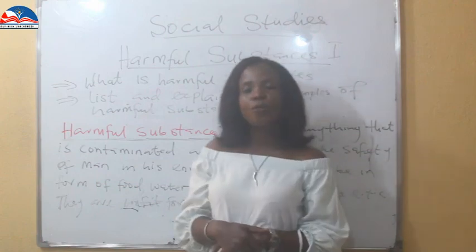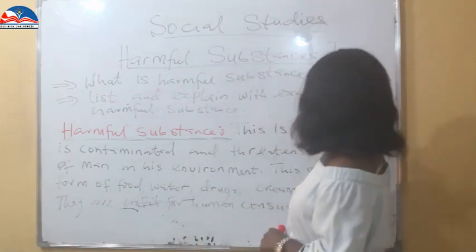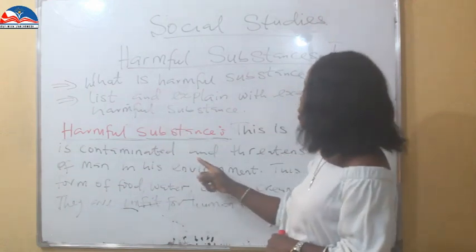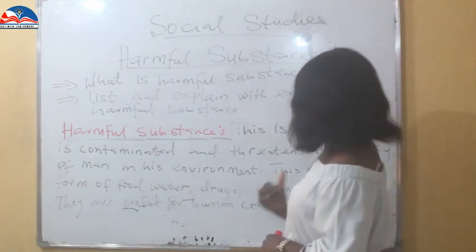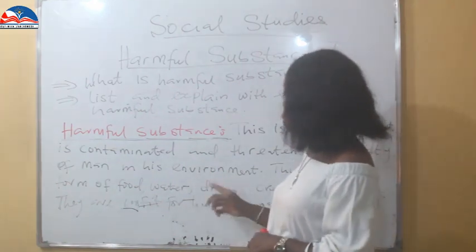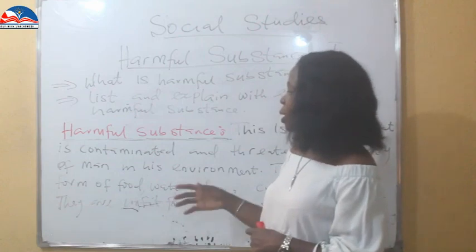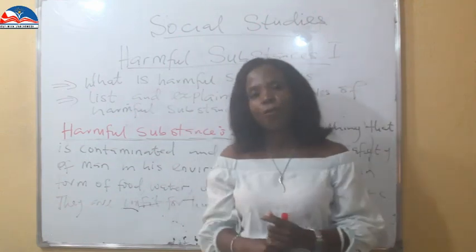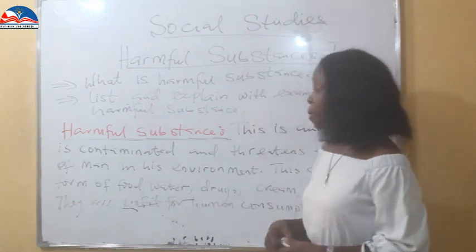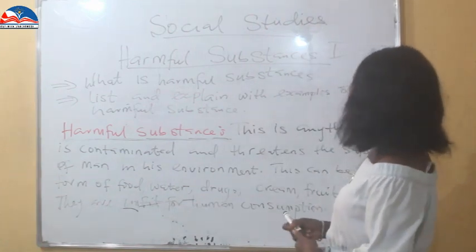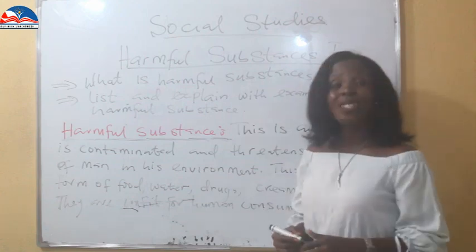Now, let's go to the first objective, which is harmful substance. This is anything that is contaminated and threatens the safety of man in his environment. This can be in the form of food, water, drug, cream, fruits, etc. They are unfit for human consumption.